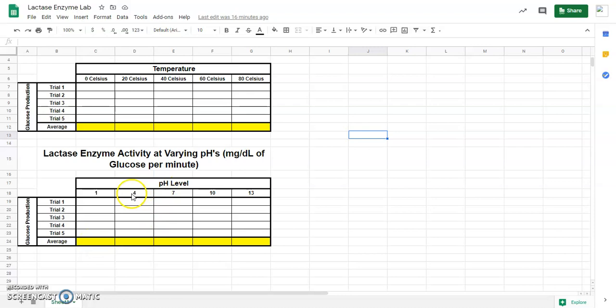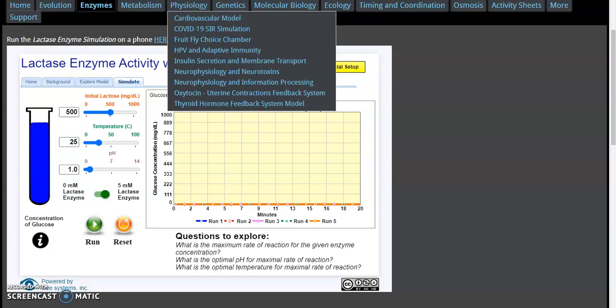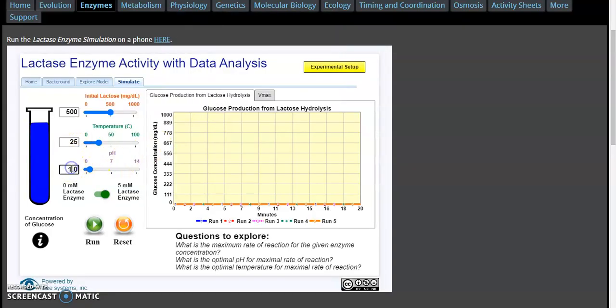So now let's change it to 4 and do it again. Sorry, I always forget to reset before I do that. Okay, so here's trial 1 at a pH of 4, trial 2, trial 3, trial 4, and trial 5.